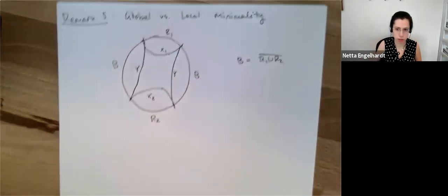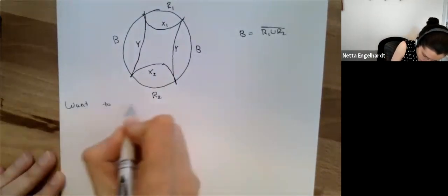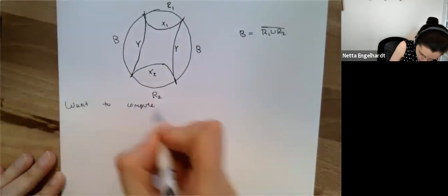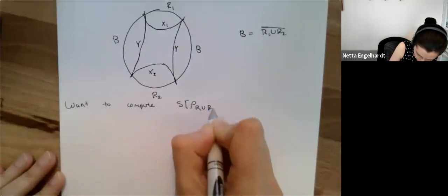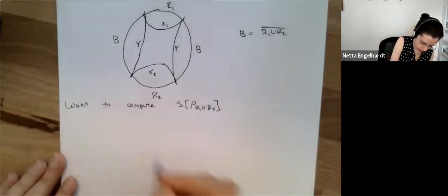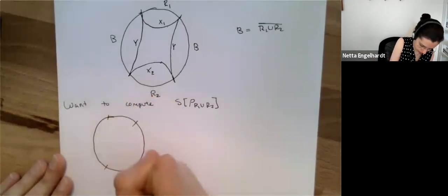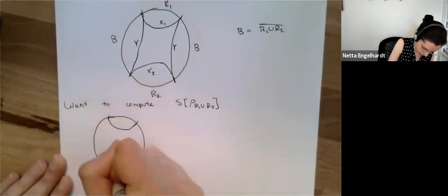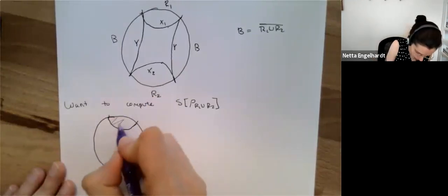Now we want to compute S of rho R1 union R2. We could compute it from these two surfaces, and I want to emphasize that's these two, that's the homology hypersurface.